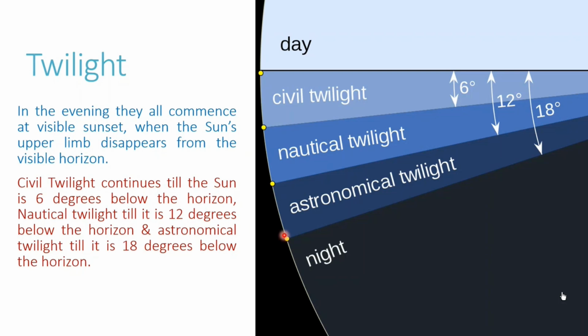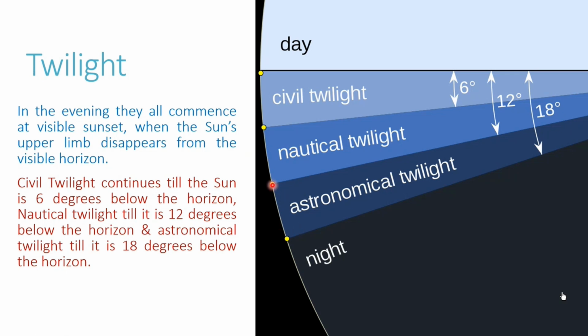The stars and planets are shining very bright, but the horizon being not visible, it will not be possible to take the sight. So again, the light blue portion is not suitable because there is too much light. The dark blue portion is not suitable because there is too less light for the horizon to be visible.